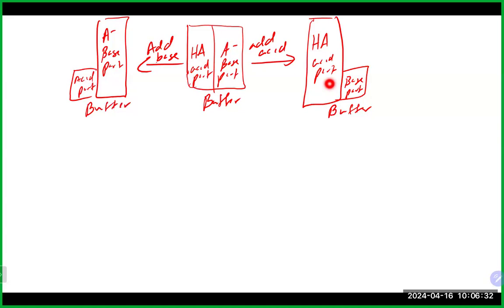So as we talked about, if you just keep adding acid or too much acid, for example, every time you add acid, you're using up some of the base part. Eventually, you can find yourself blowing through a buffer. Same thing here. If you continue to add acid or to add base, you'll blow through the acid part.